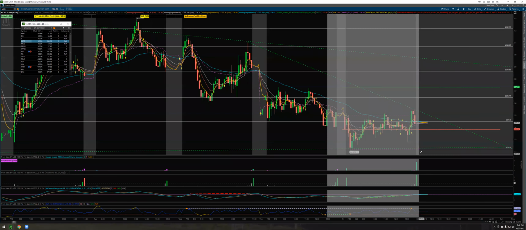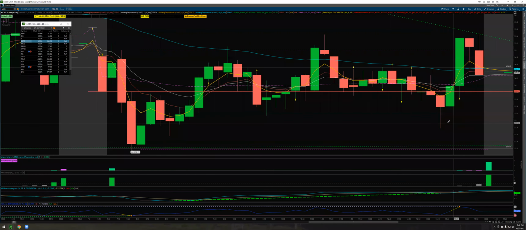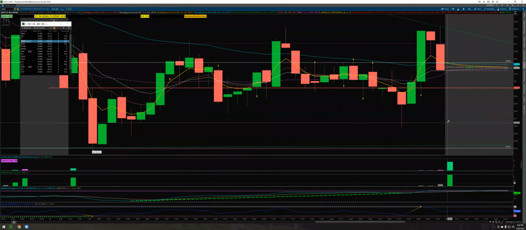Okay, anybody can tell me, what level do you like for pivot here? Anyone? Anyone?